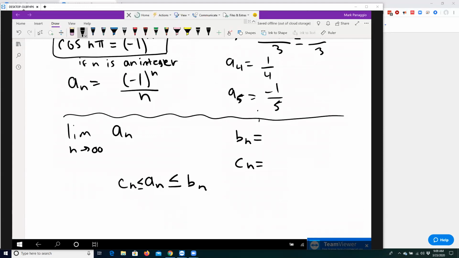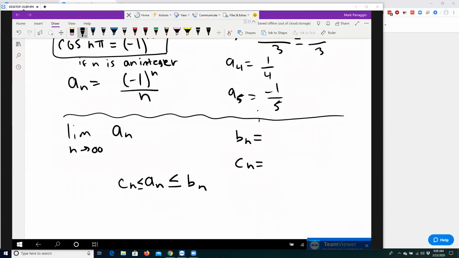And if I can choose those carefully so that those two sequences approach the exact same value, then what you'll find is that an has nowhere else to go, right? If you're bigger than something that approaches L and you're smaller than something that approaches L, well, you must approach L.